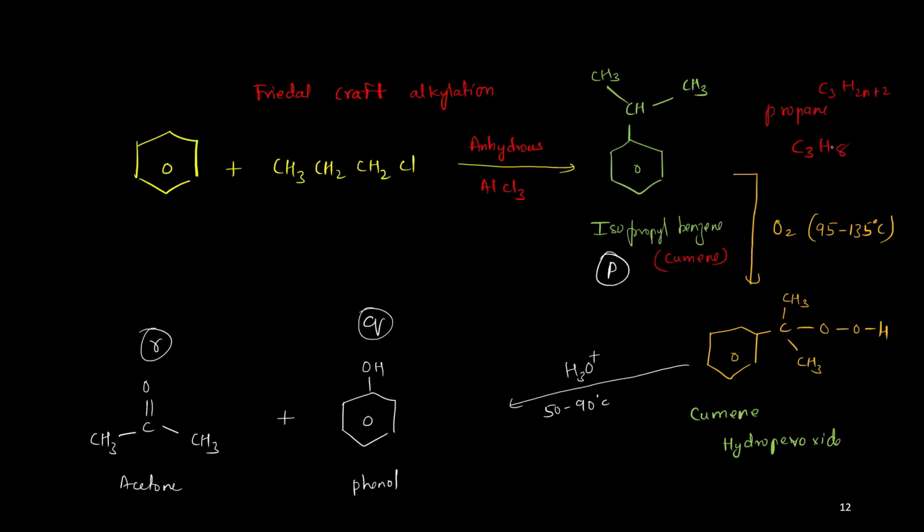So actually this is propane, C3H8. From this propane, I am removing one hydrogen. This becomes a propyl. So I am attaching an alkyl group. That's why it is called alkylation, and it is Friedel-Crafts alkylation.